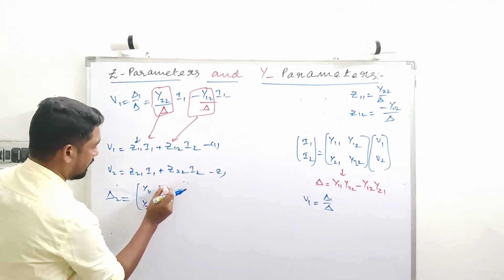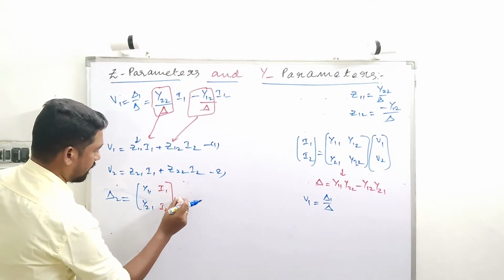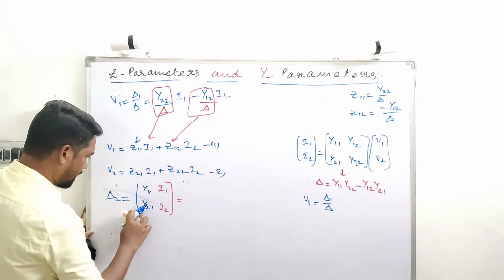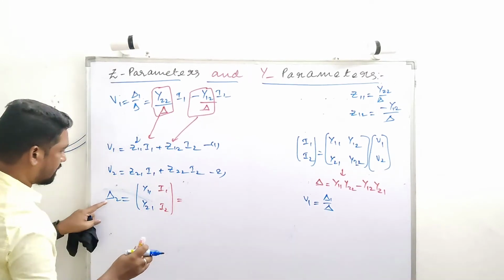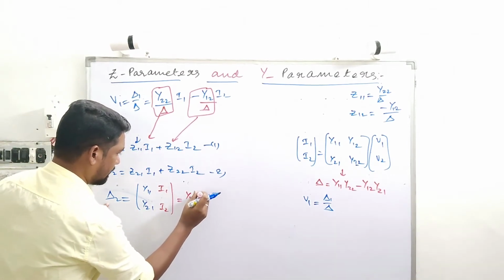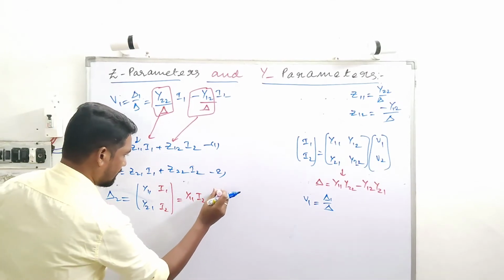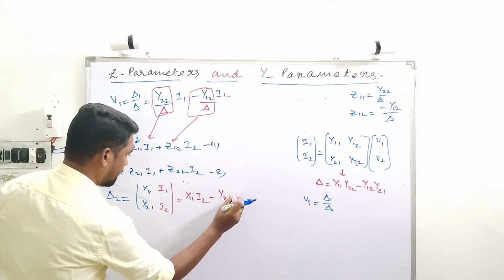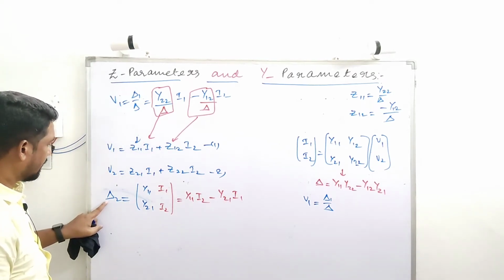Once again, this is the determinant, not the matrix. Evaluating the determinant gives del 2: Y11 I2, this into this, minus Y21 into I1.